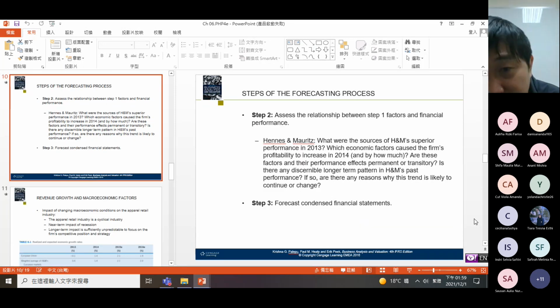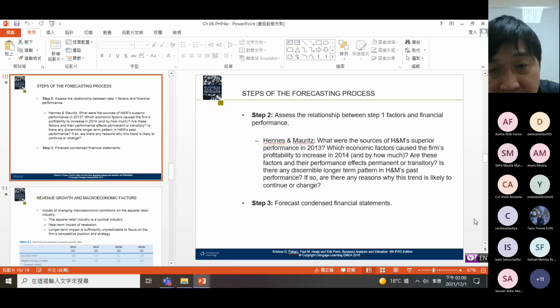Step 2: assess the relationship between the Step 1 factors and the financial performance. For H&M, what were the sources of its superior performance in 2013? Which economic factors caused the firm's profitability increase in 2014?